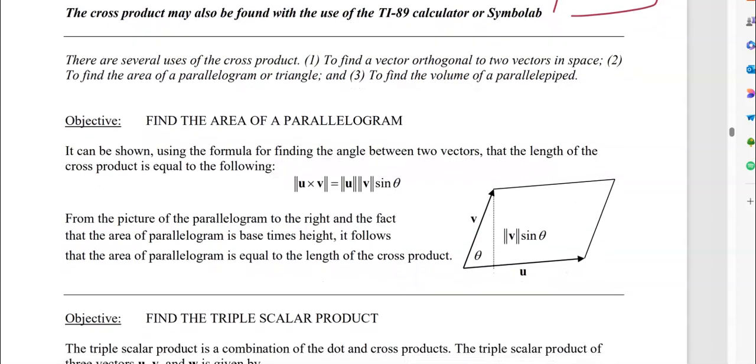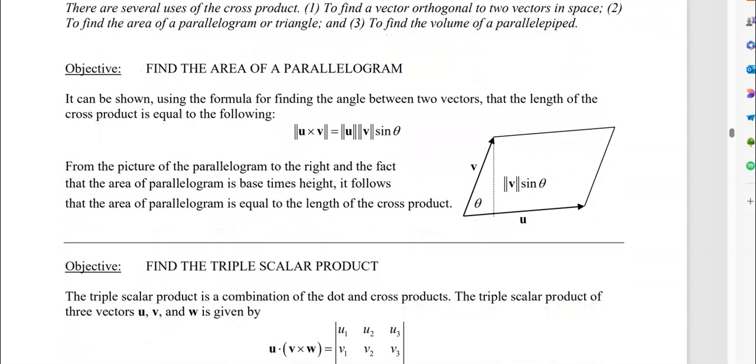But before that, let's see one of the applications. If you want to find the area of the parallelogram, this is your u, that's your v there.